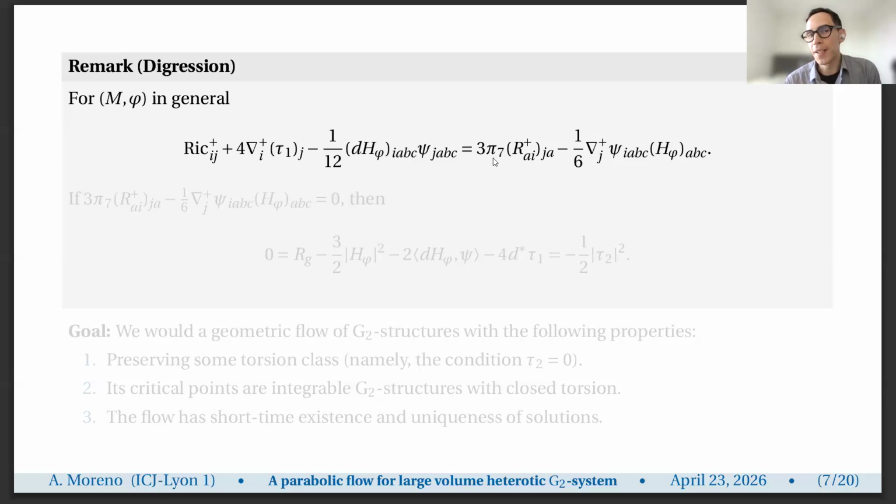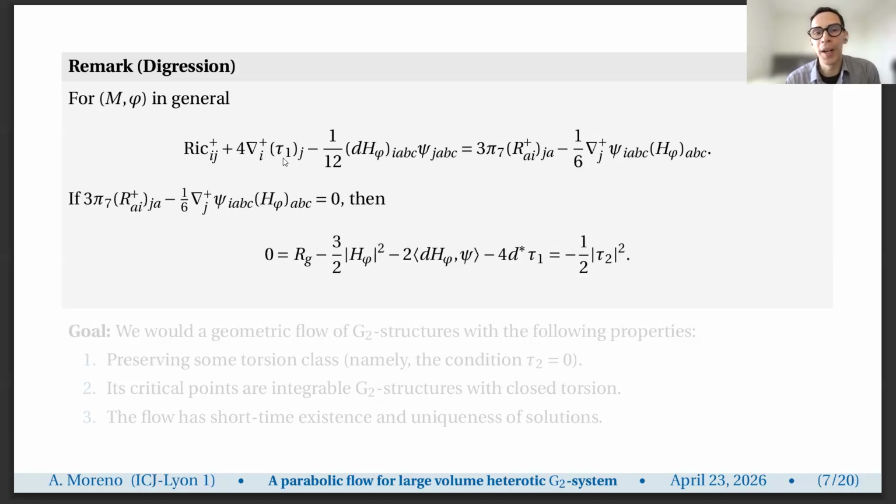So of course, if the right-hand side vanishes, you recover the left-hand side equal to 0, which is basically the Ivanov-Stange formula for dH phi.